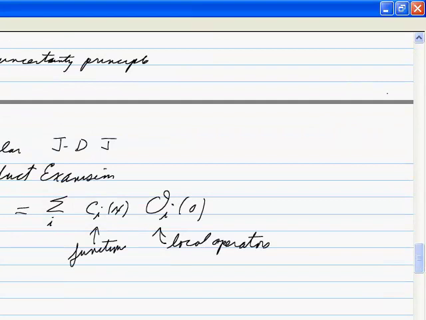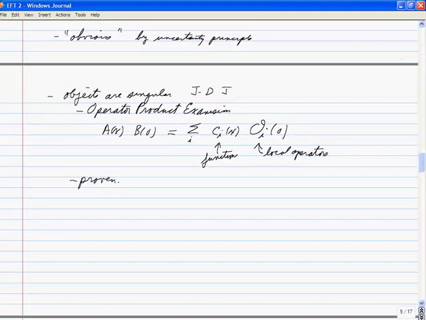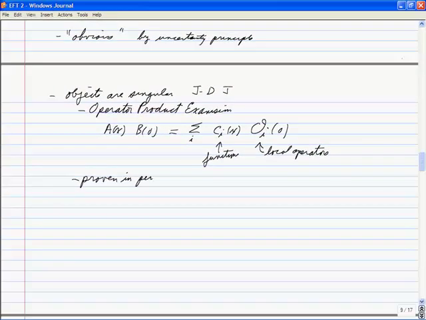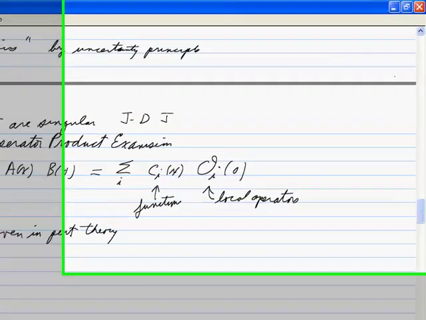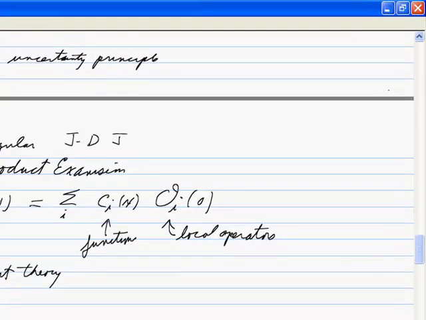This is proved in perturbation theory. So this expansion in terms of defining a set of local operators is provable in perturbation theory.